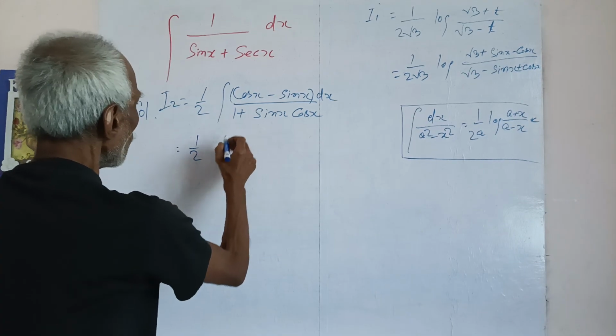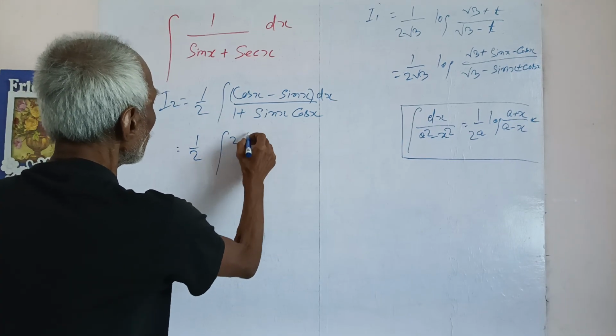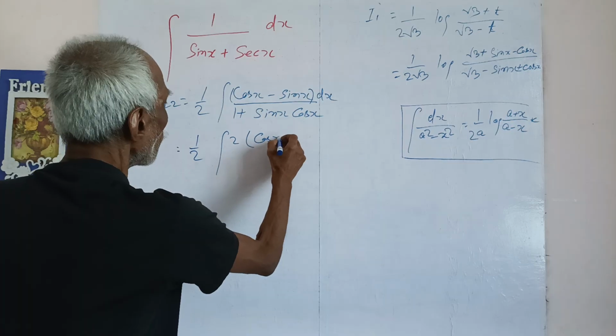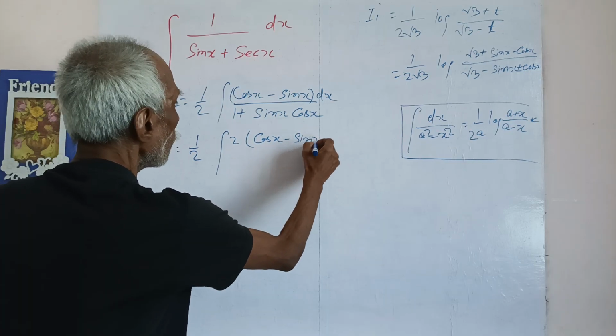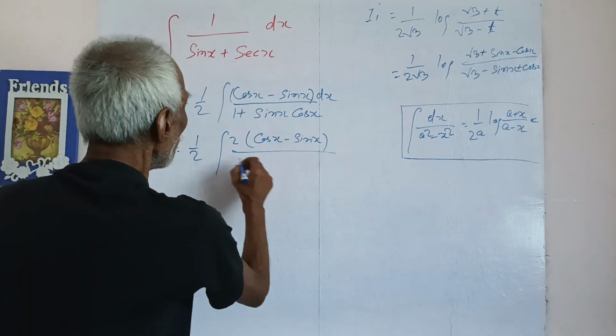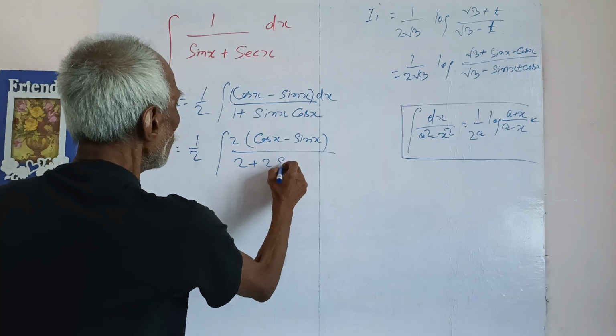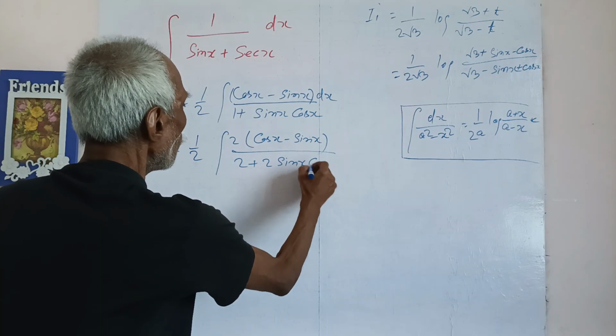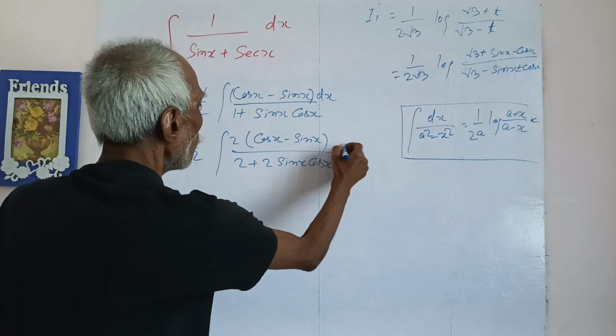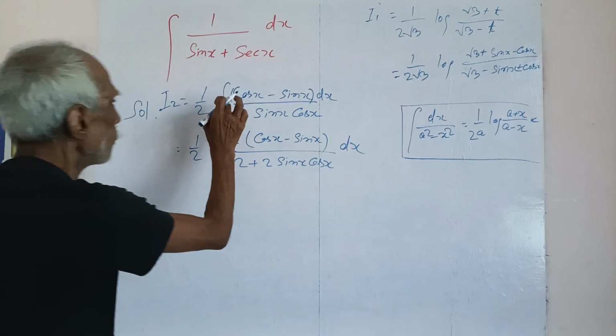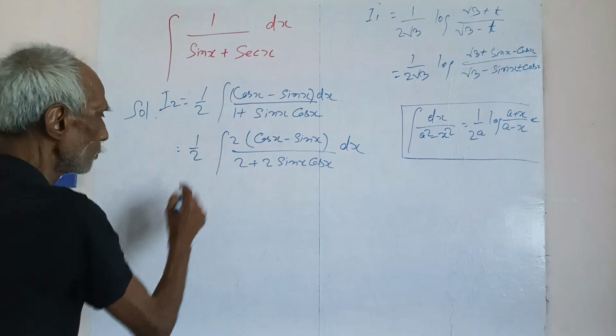Now for I2, 1 by 2, multiply numerator and denominator by 2.